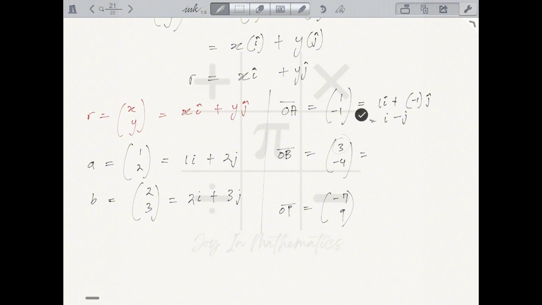Similarly here, this is our x and our y is minus 4, so this results in 3i plus minus 4j, which equals 3i minus 4j. The same thing applies there: minus 7 is our x, 9 is the y, so this becomes minus 7i plus 9j. So this is how we convert the column vector to vector components in terms of unit vectors.